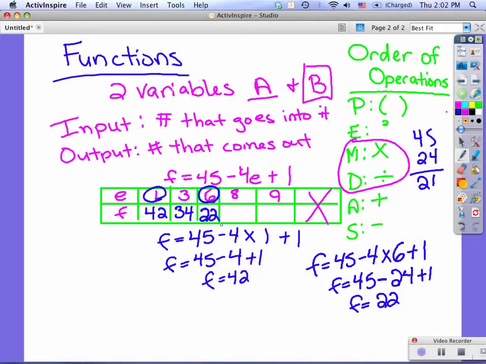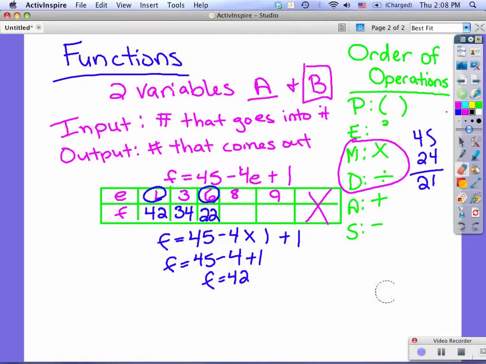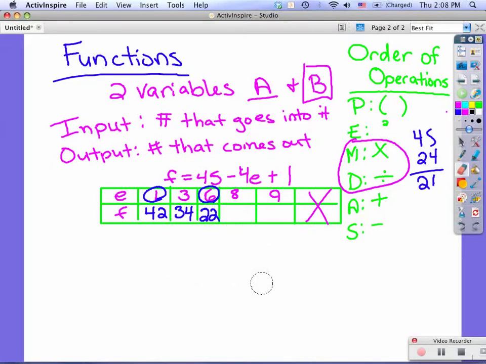Okay. Next problem. Try it, and then we'll go over it. Okay, we have the next box in which the input is 8. So F equals 45 minus 4.